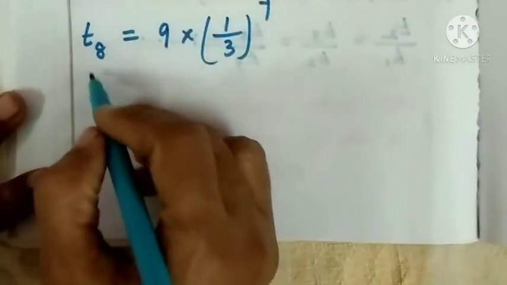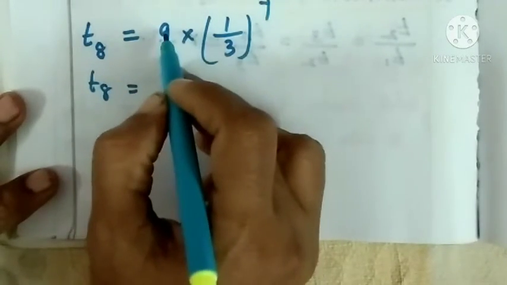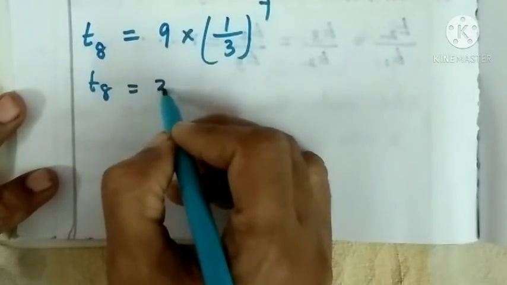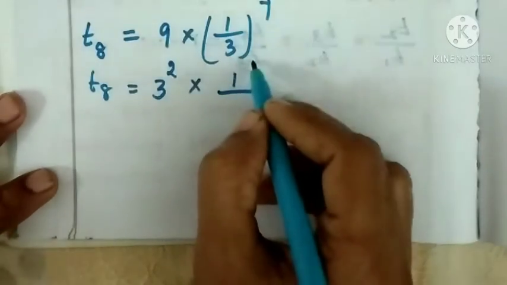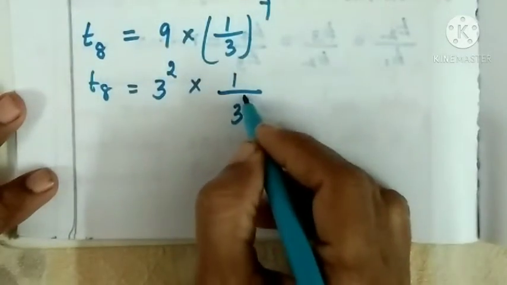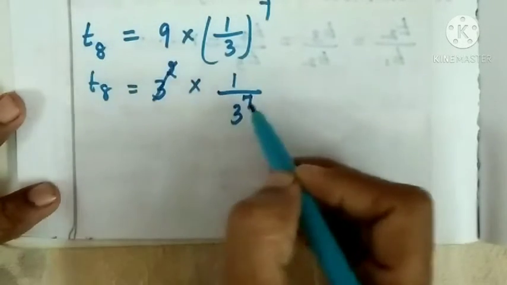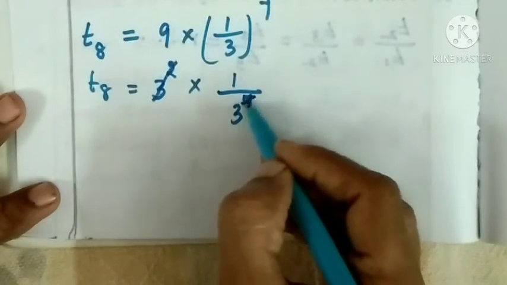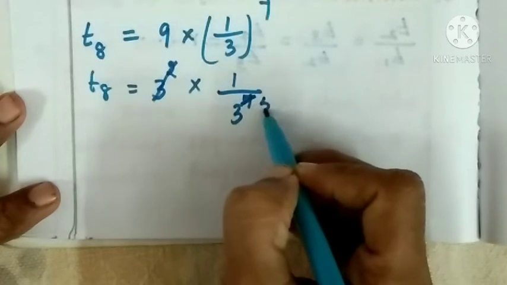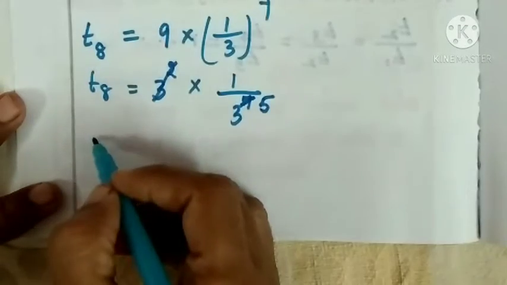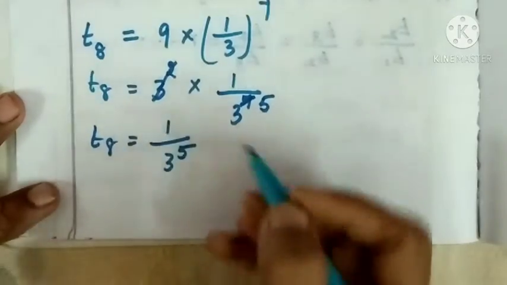It can be written as T8 is equal to, you have to change the 9 into 3's power, that is 3 squared into 1 the whole power 7 is 1 and 3 power 7. Now you have to cancel this, means here 3 two times and here 3 seven times. So cancel 2 times means we get 3 power 5. That is T8 is equal to 1 by 3 power 5.